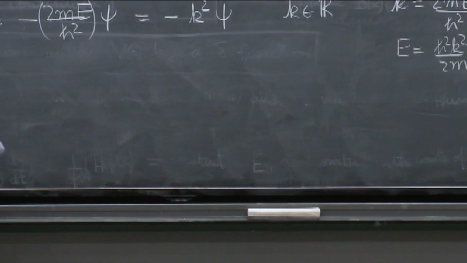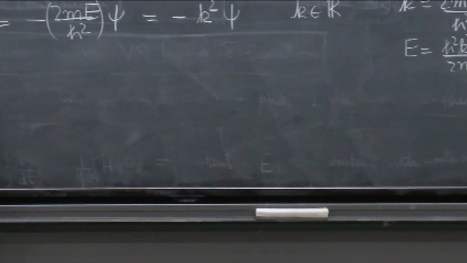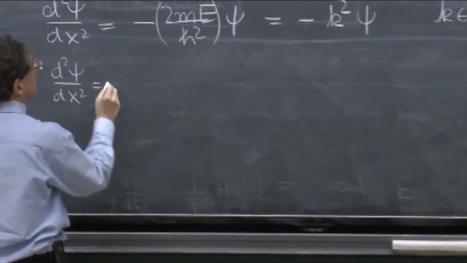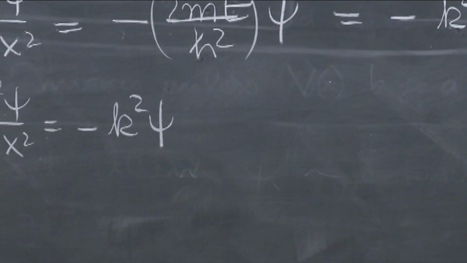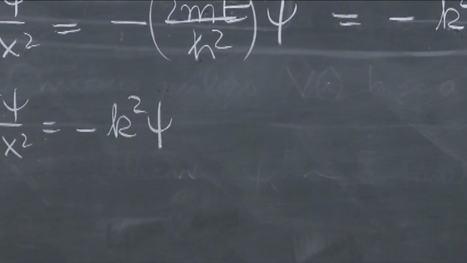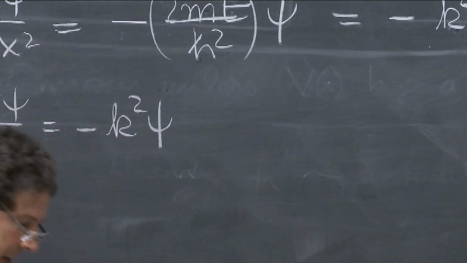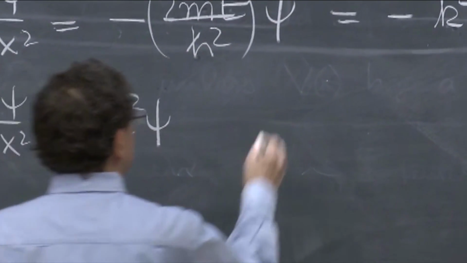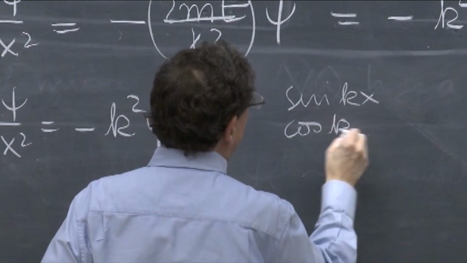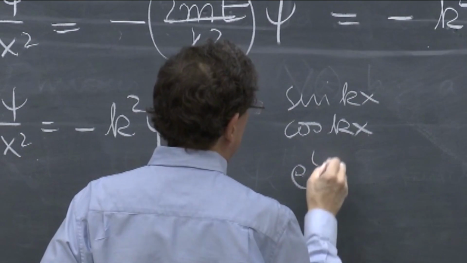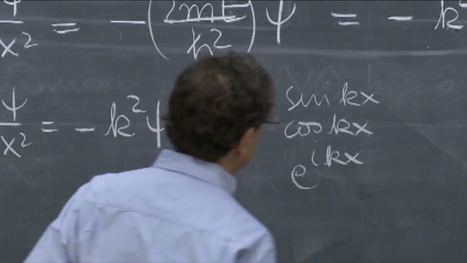And now you just have to solve this. The second derivative of psi, d squared psi dx squared, is equal to minus k squared psi. Well, those are solved by sines or cosines of kx. So you could choose sine of kx, cosine of kx, e to the i kx.